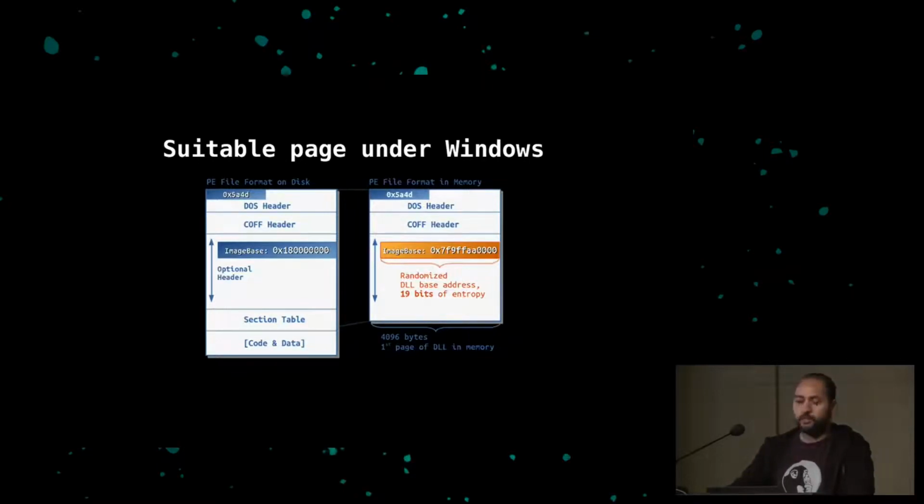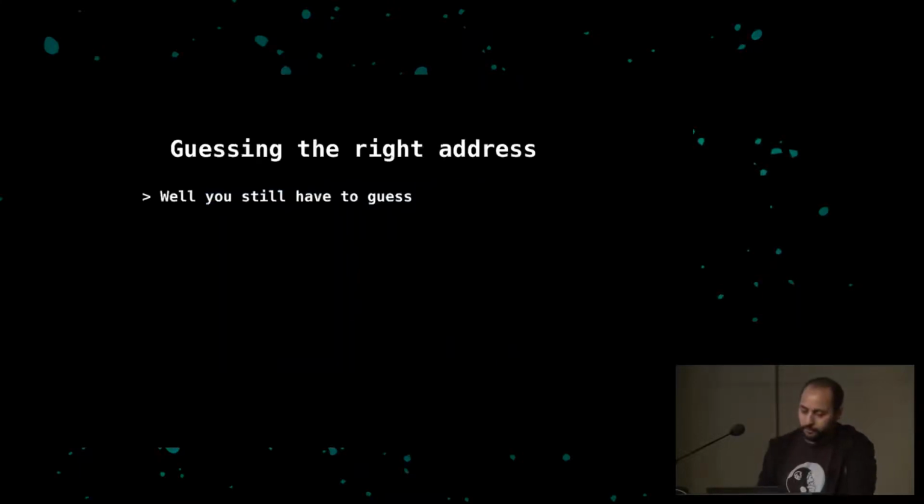And this is exactly what we need. We can predict all other bytes except for the base address, which has 19 bits of entropy. There are, of course, other pages that fulfill that criteria, but we thought, why should we look further if we already have one? So we use that page in the POC.